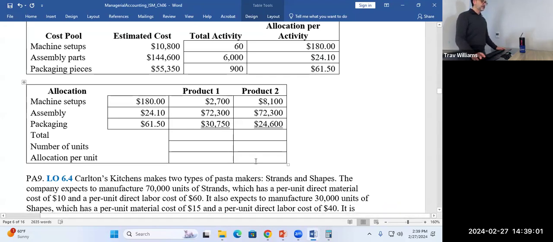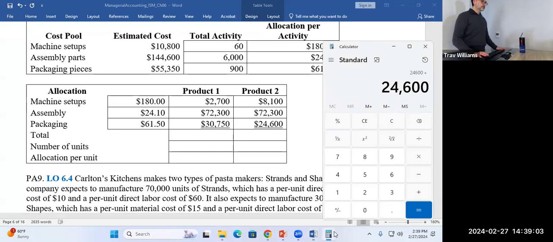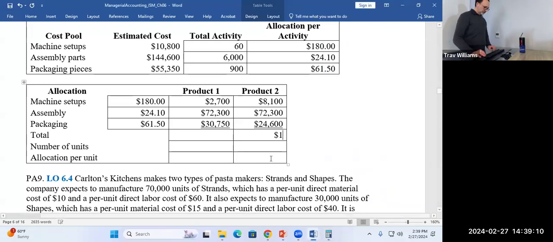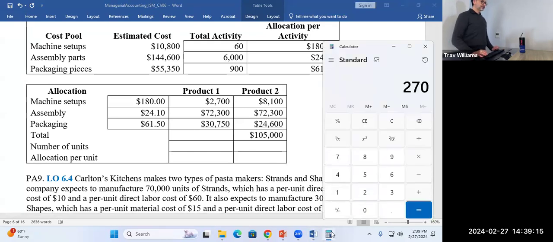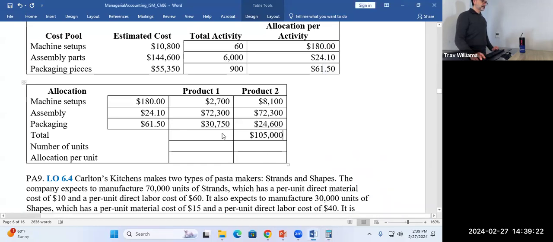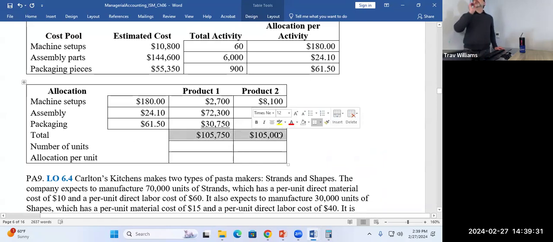Now we can add them together. $105,000 for product 2. And then product 1, $105,750. Okay. Now we know the total overhead cost for each product type, right?